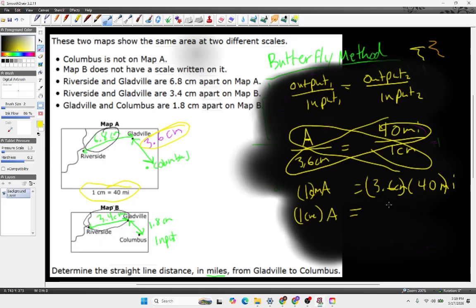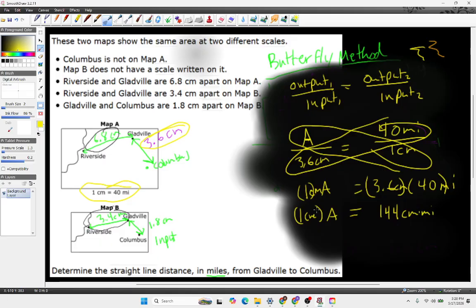1 centimeter times A equals 3.6 times 40, which gives you 144 centimeters times miles. That's weird looking. Centimeters times miles.